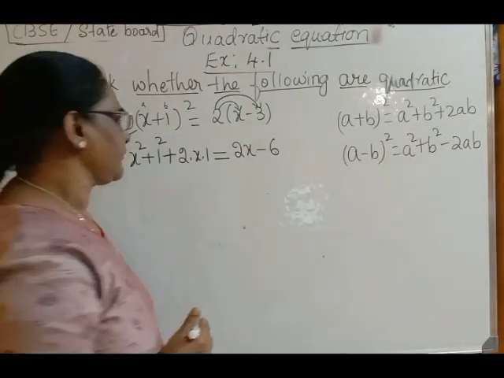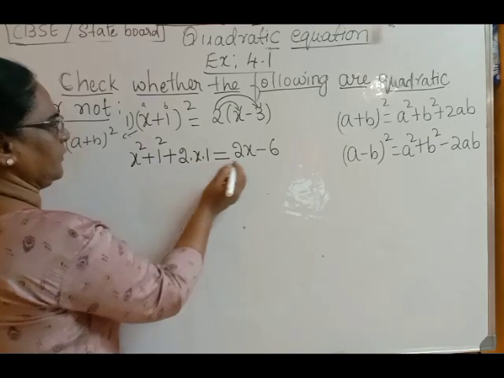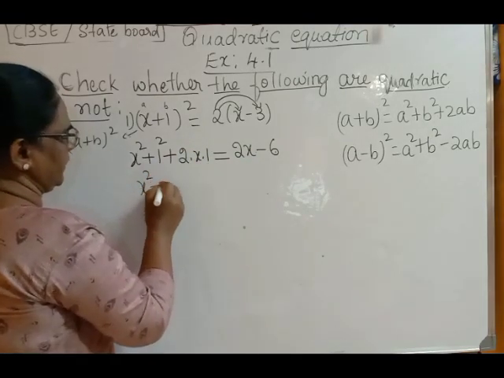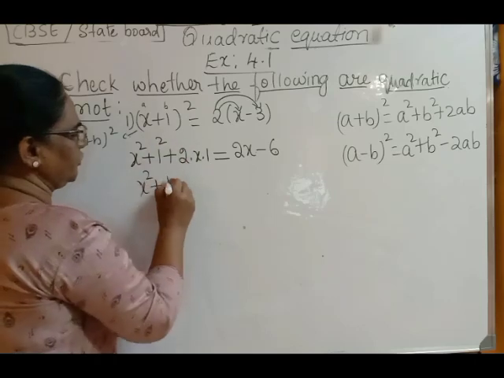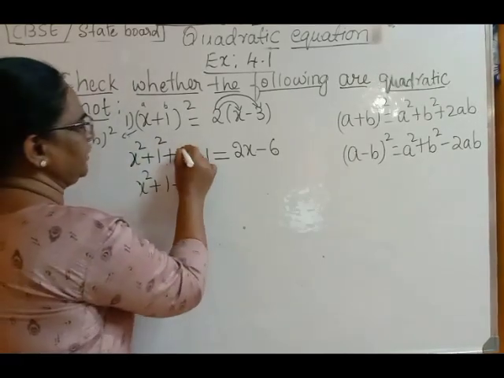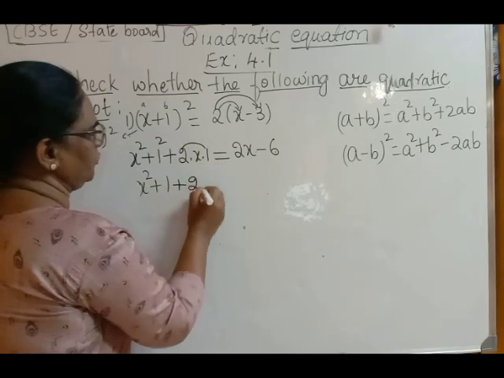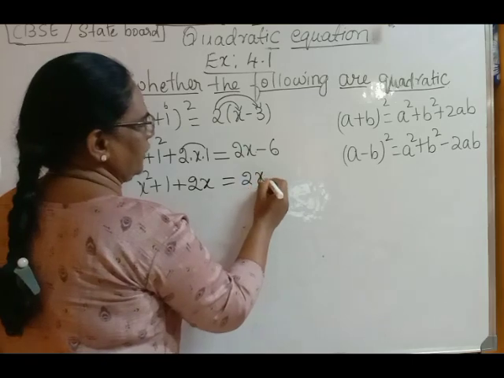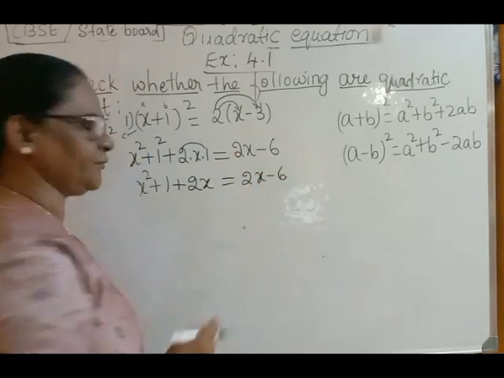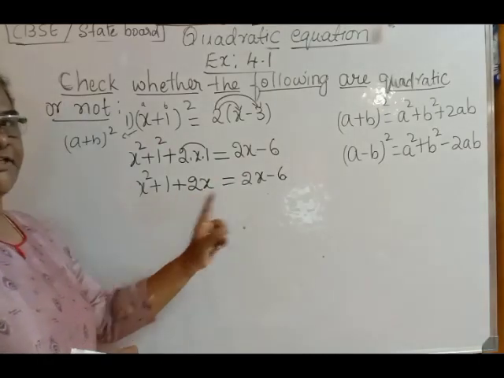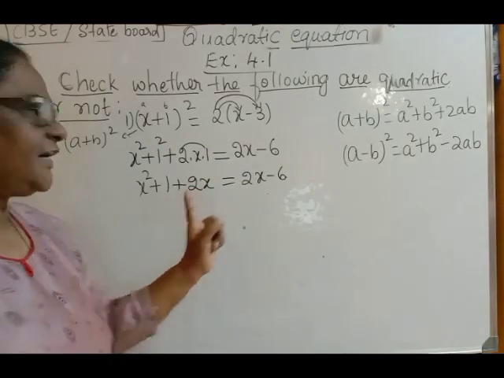Okay. Next, I am going to bring all the first, I will multiply this x square plus 1 square means 1 into 1, 1 only, plus multiply these two numbers, 2 1s are 2, x as it is equal to 2x minus 6. Now shift all the terms towards LHS. LHS means I told you left hand side.